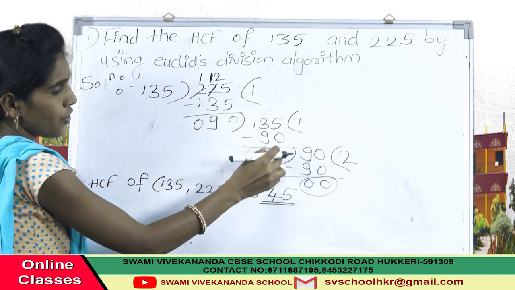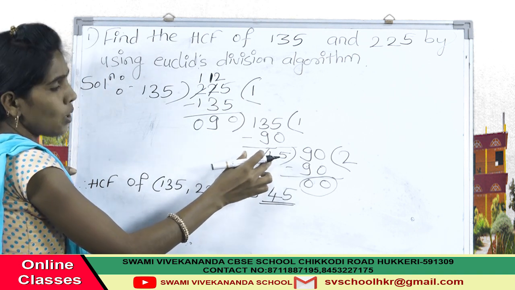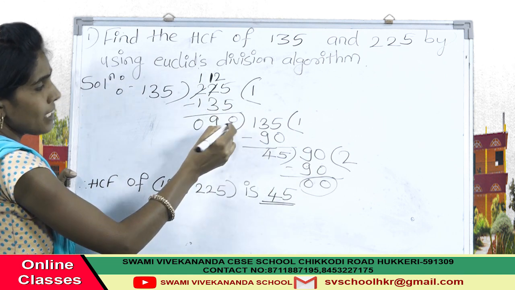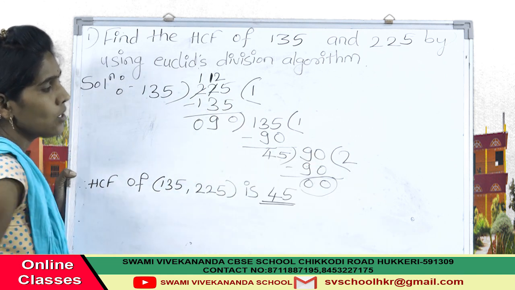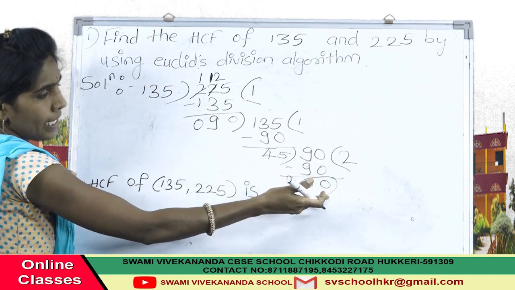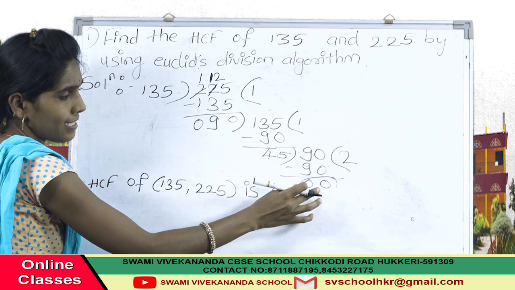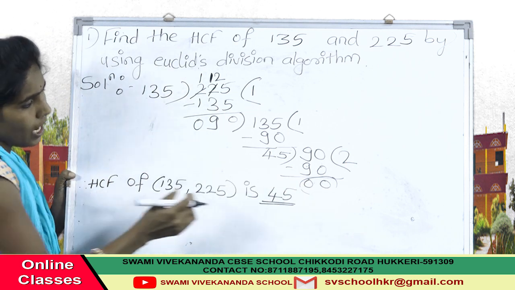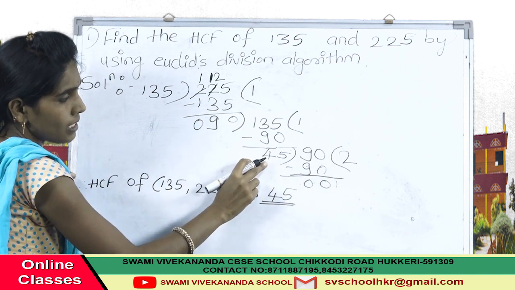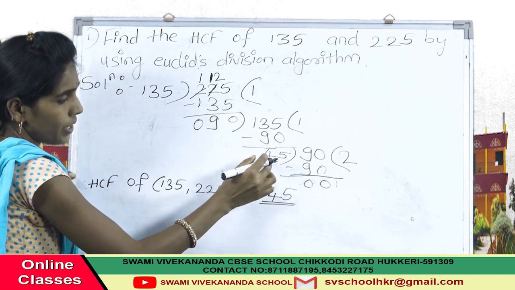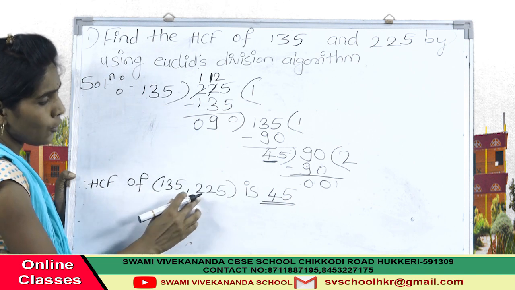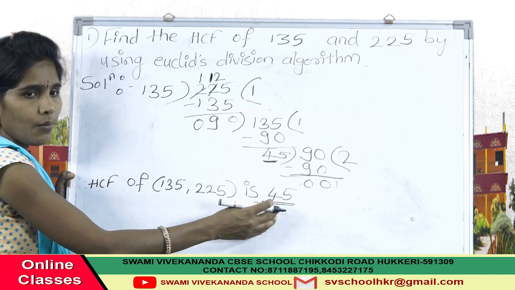Again 45 is not equal to 0, so we consider 45 as the divisor and 90 as the dividend. 45 twos are 90. 90 minus 90 is 0. We got the remainder as 0. So where our 0 comes, that divisor we take as the HCF. So the HCF of 135 and 225 is 45.